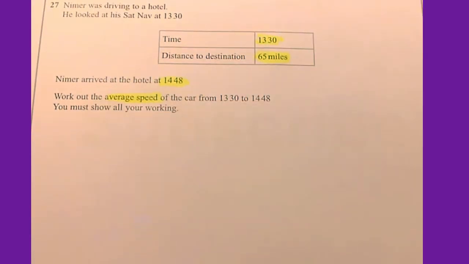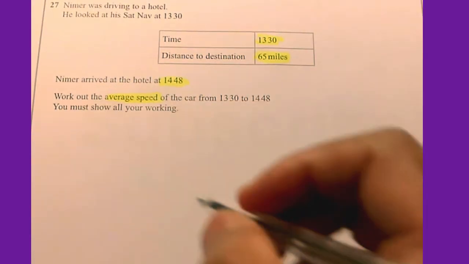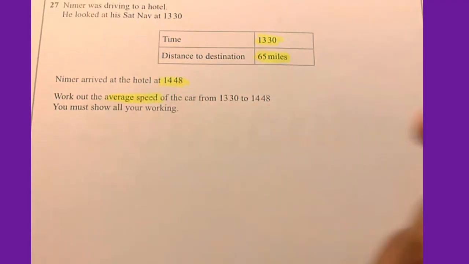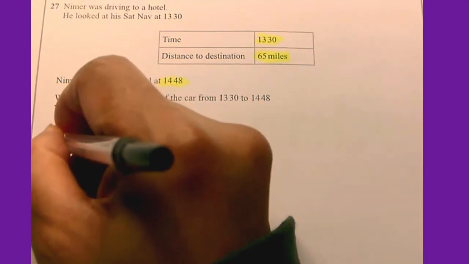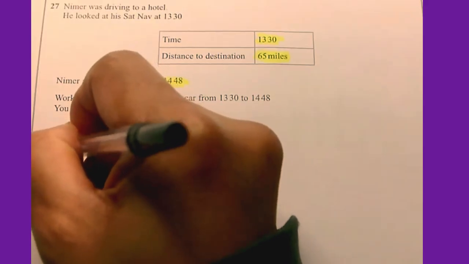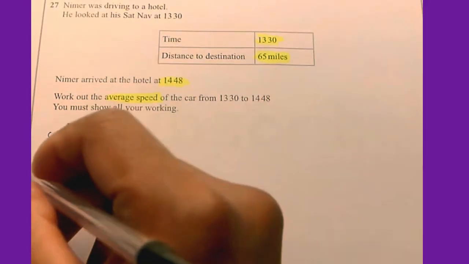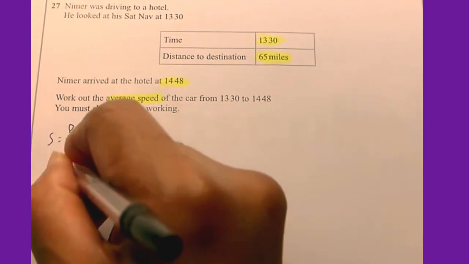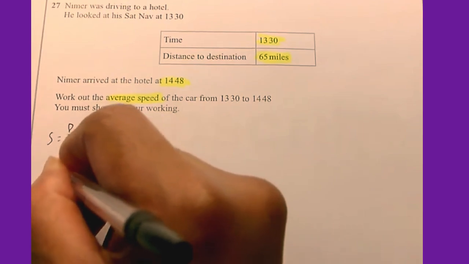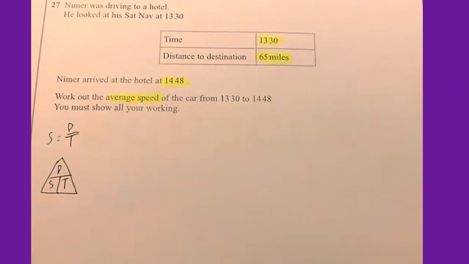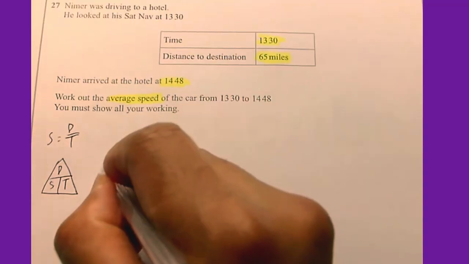So let's see how we would do this. First of all, we need to remember our formula. So speed equals distance divided by time. Remember that. And then we can turn this into our pyramid. Speed, distance, time. So we've got that. Our distance is 65.